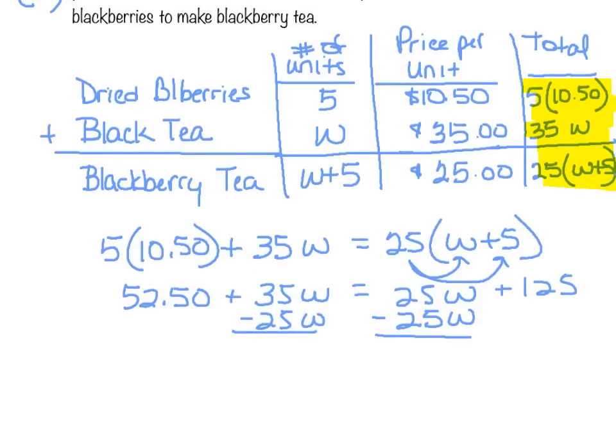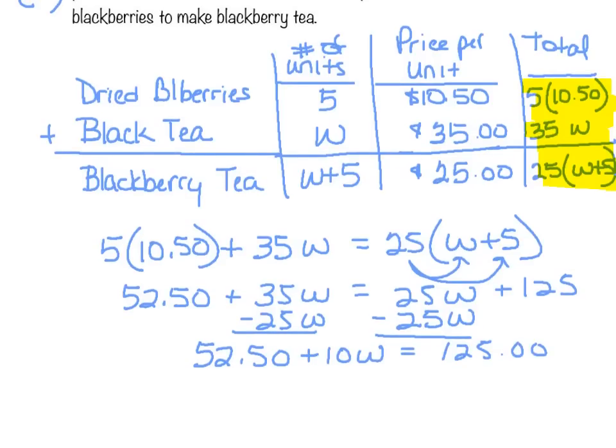Here we go. So we have $52.50 plus 10W equals 125, and let me put the decimals there to help you. We will subtract 52.50 from both sides.